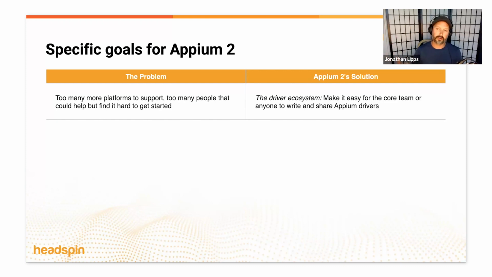But there are people out there who do know about those platforms. And we wanted to make it easy for them to take that knowledge of that platform and with the smallest possible amount of code, support a WebDriver style automation for that platform. So we call that the driver ecosystem. And with Appium 2, it's now easy for anybody, not just us, to write and share Appium drivers with the world that anybody can use.